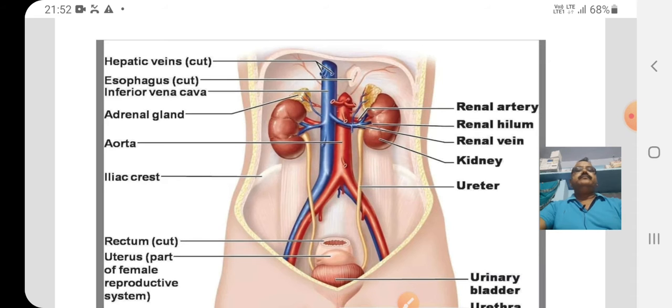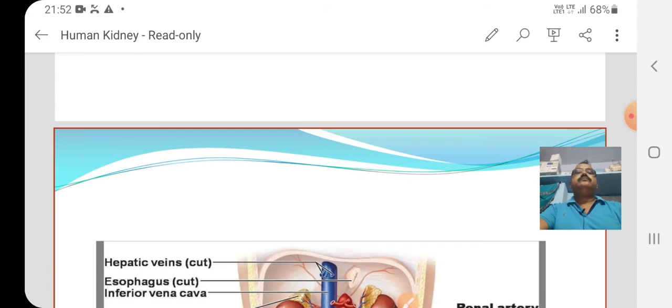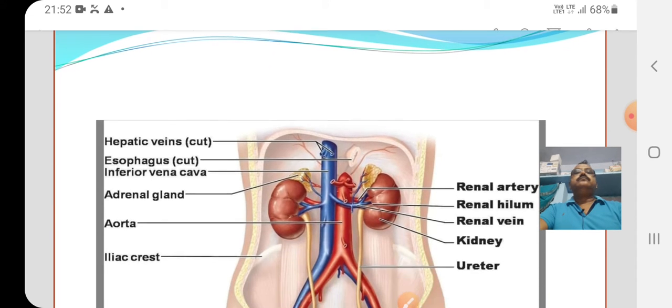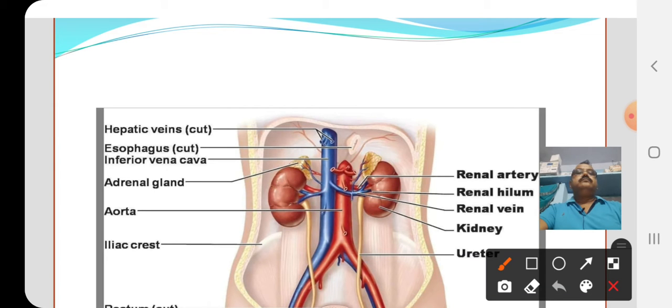This is the diagram. Here we find these are the kidneys. On the kidney there are adrenal glands.